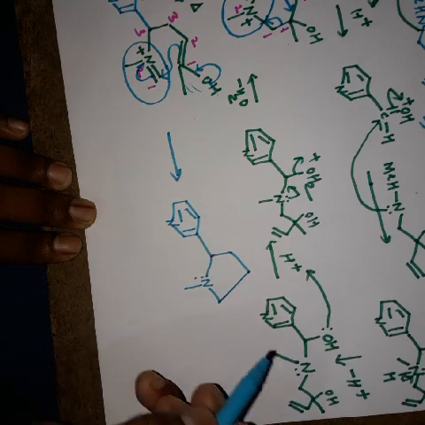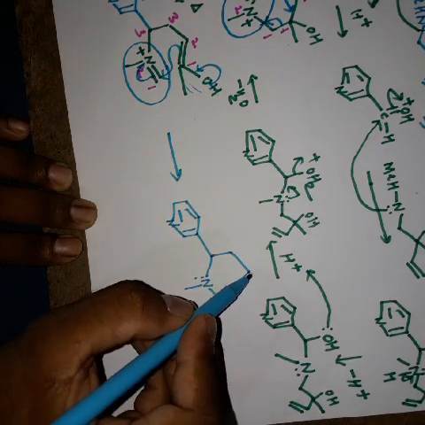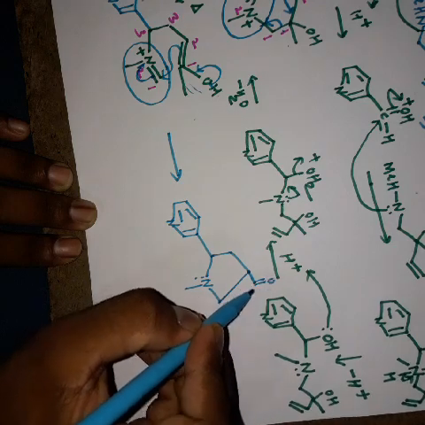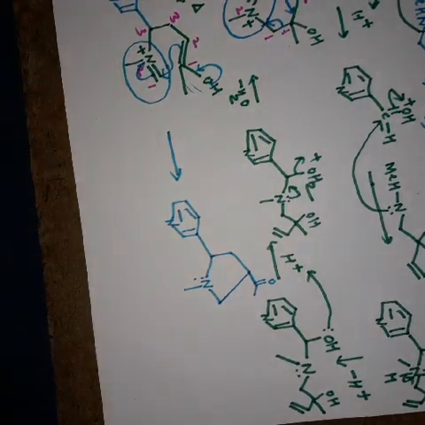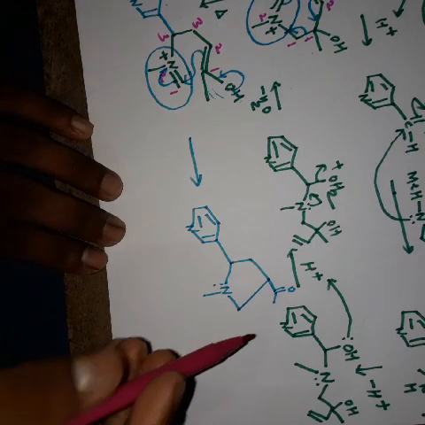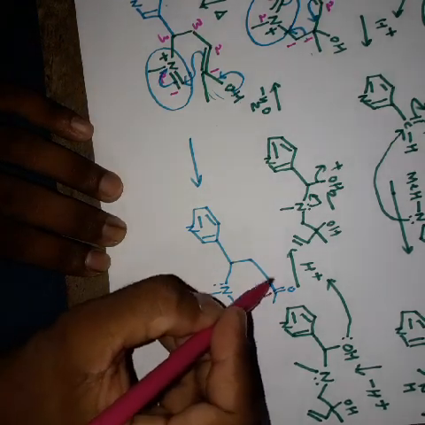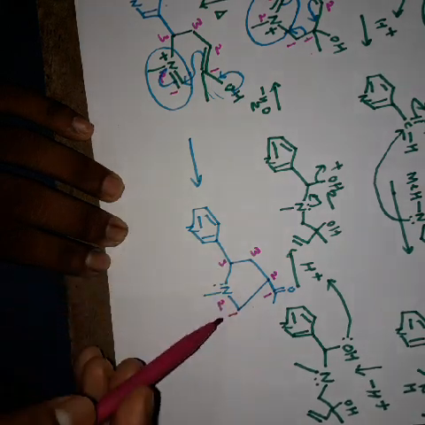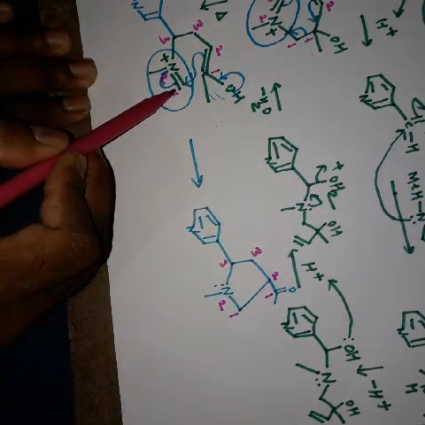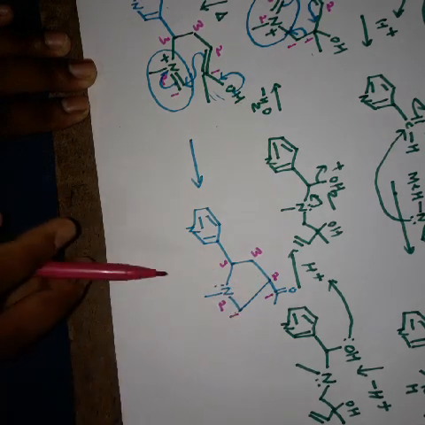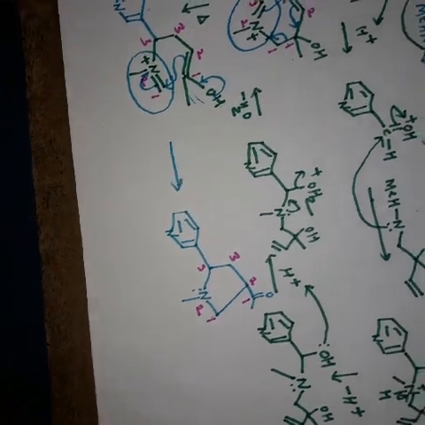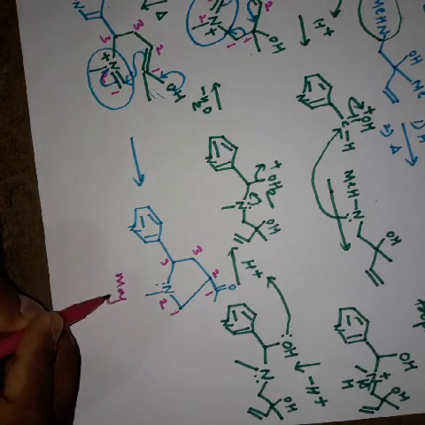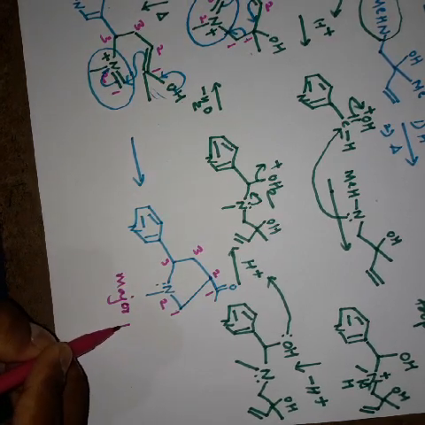This is like this, and this. So if I have to number it, this is 1, this is 2, this is 3, this is 1, this is 2, this is 3. So the bond has been formed between 2 and 1, between 2 and 1. So this is how we can solve this question. This is our final and major product.